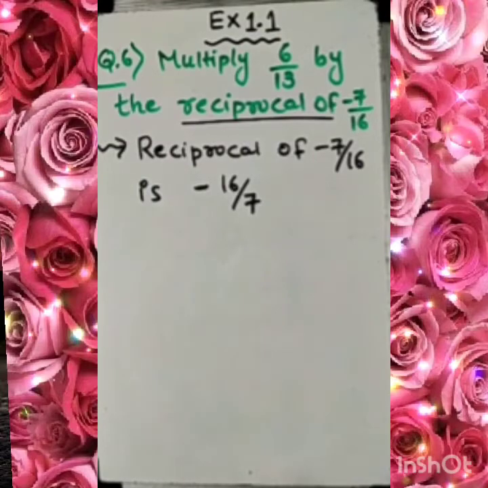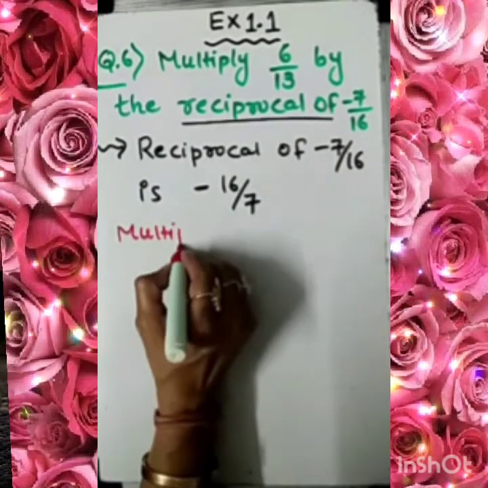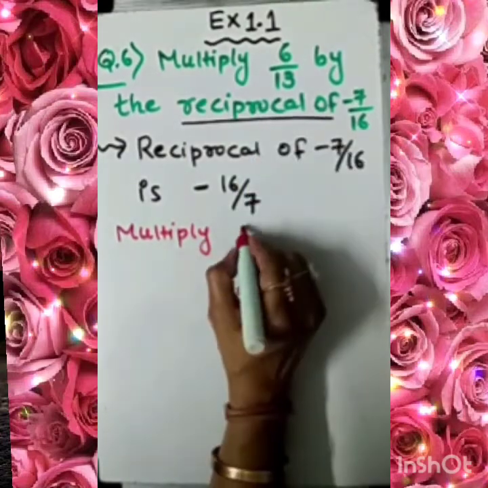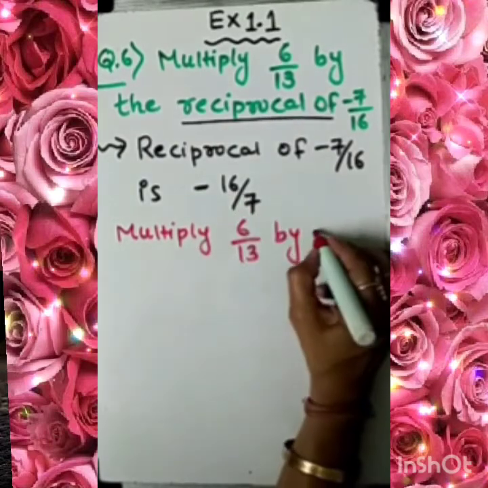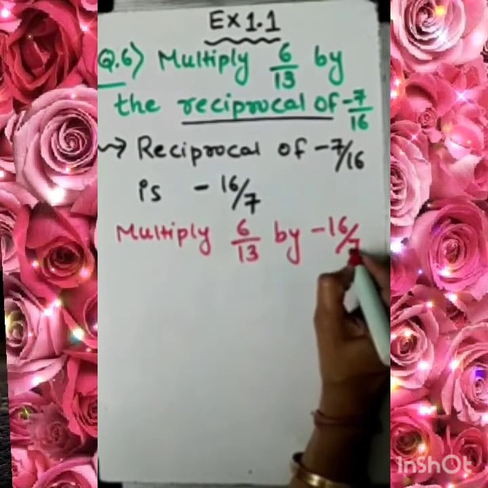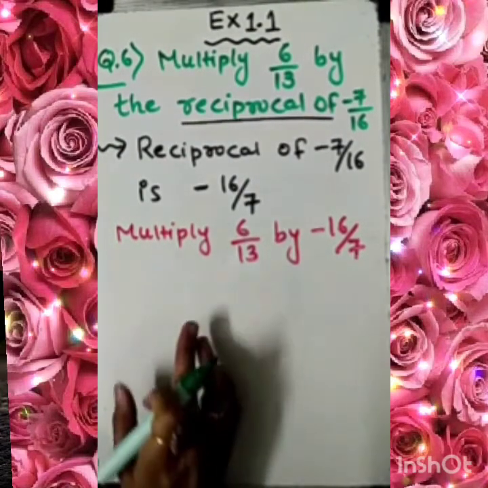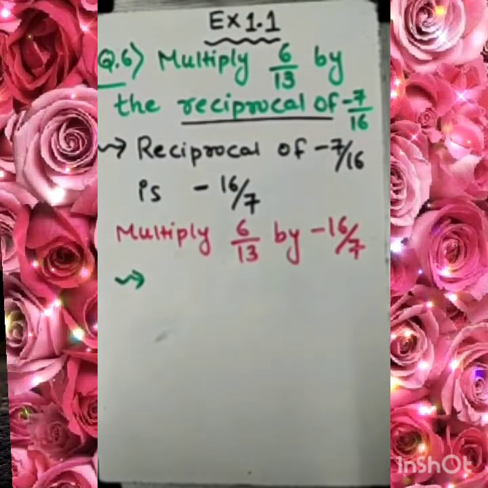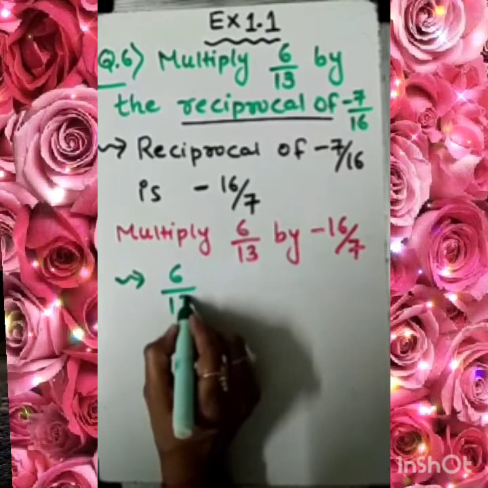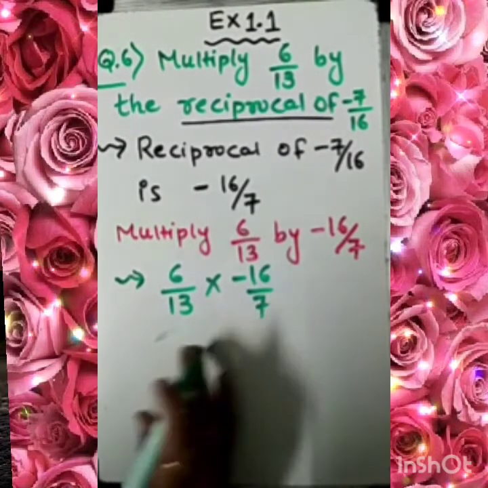Now let's work out the first step. Multiply. Which number do we have to multiply? We need to multiply 6 by 13 by minus 16 by 7. Fine. So dear student, we are going to multiply 6 by 13 with minus 16 by 7, which we have found.